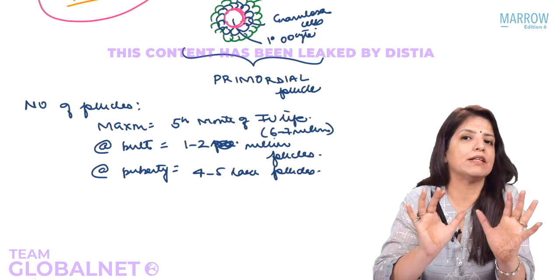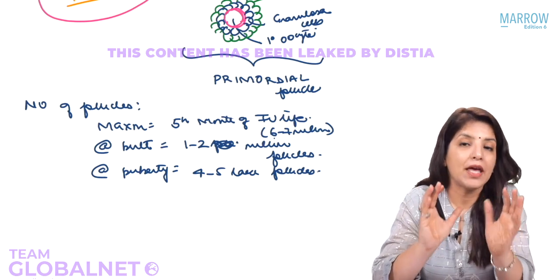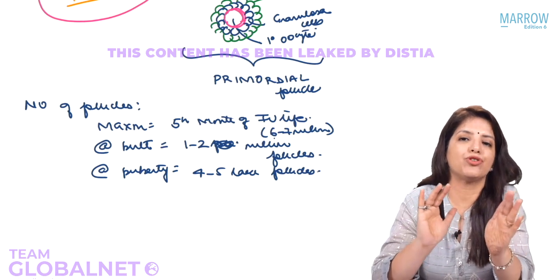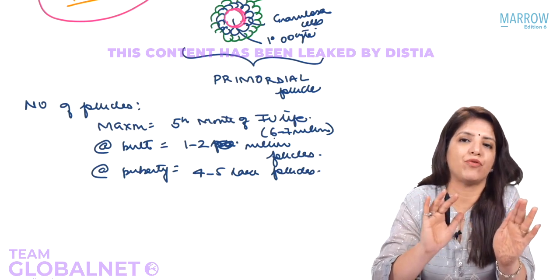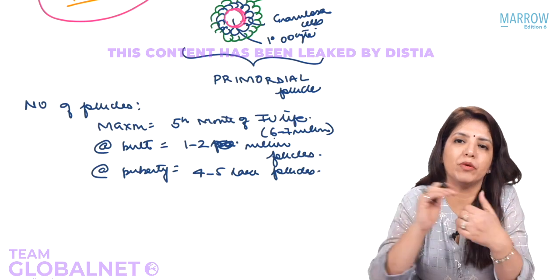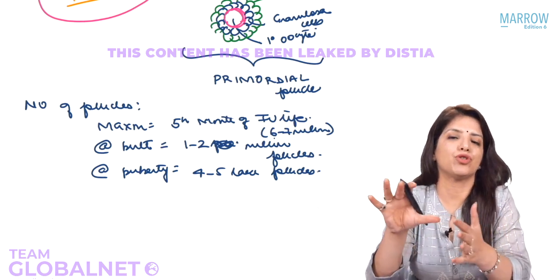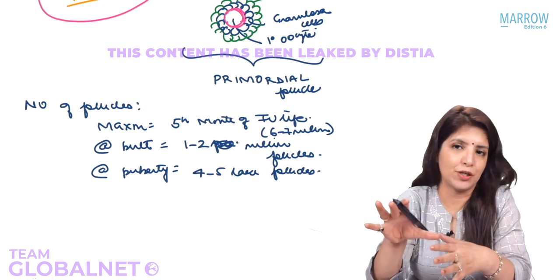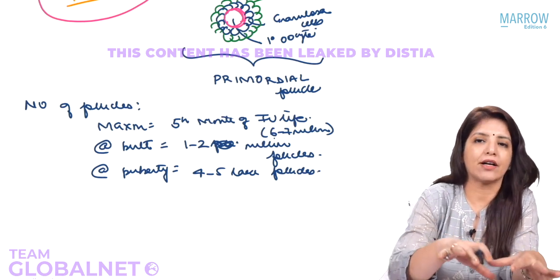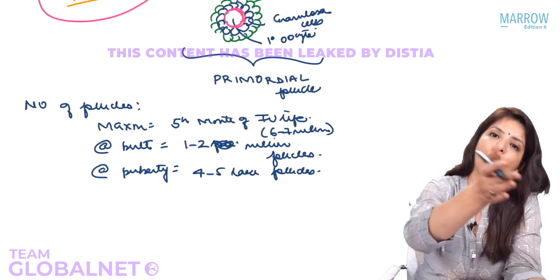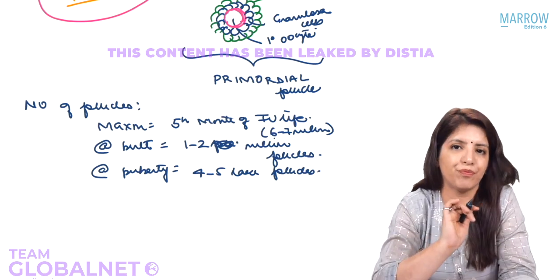This means the follicles are undergoing apoptosis, and all of us know that the hypothalamic pituitary ovarian axis becomes functional only at the time of puberty. This means even before the axis became functional, the follicles are continuously undergoing atresia every month beginning from the intrauterine life, right?